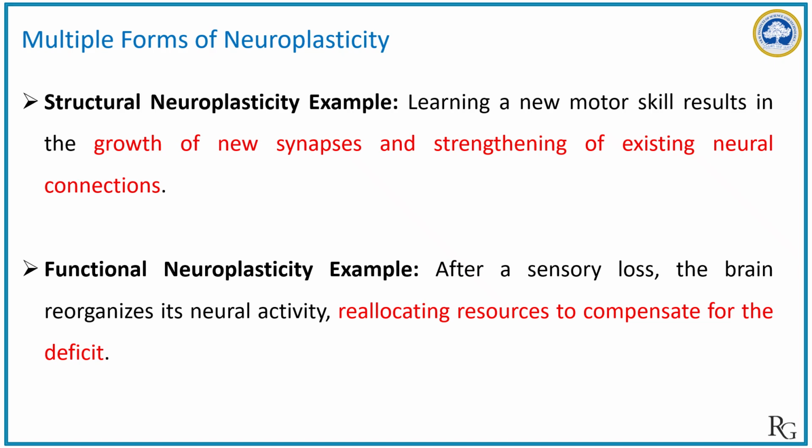This reallocation of function shows how flexible the brain can be when responding to injury or sensory loss. If we keep these two forms of plasticity together, we can say that it allows the brain to continuously adapt, learn, and recover throughout life. And that is actually the main key concept of neurorehabilitation.